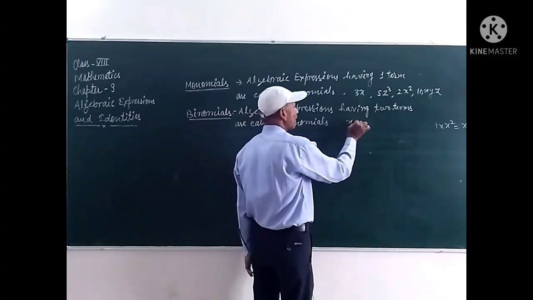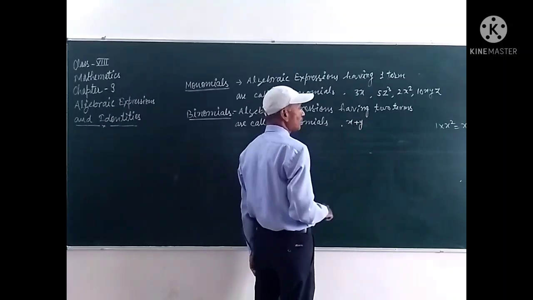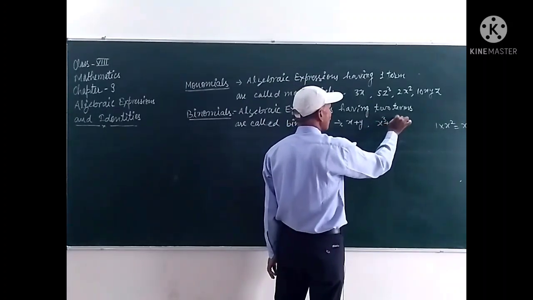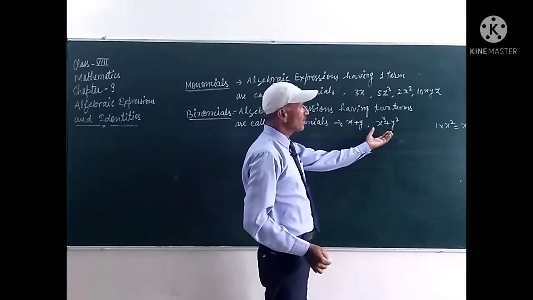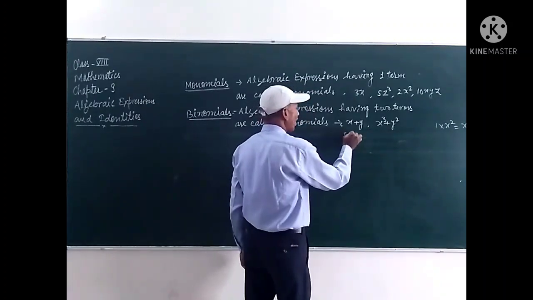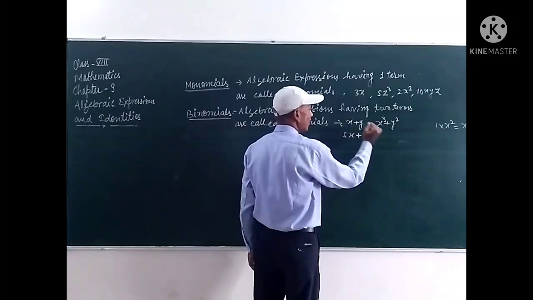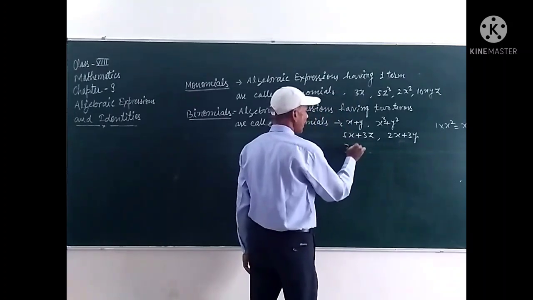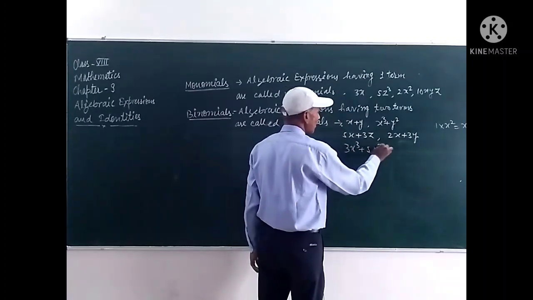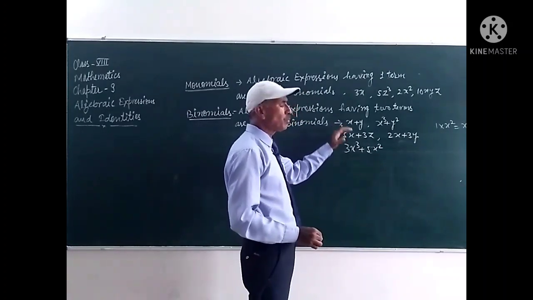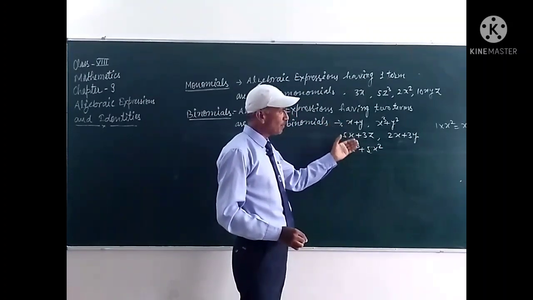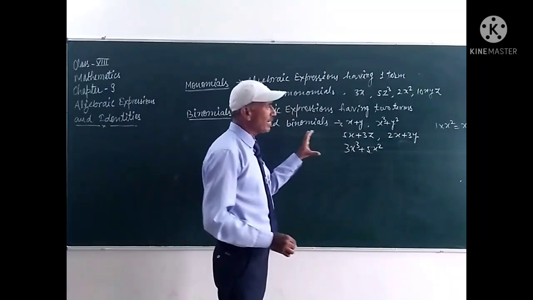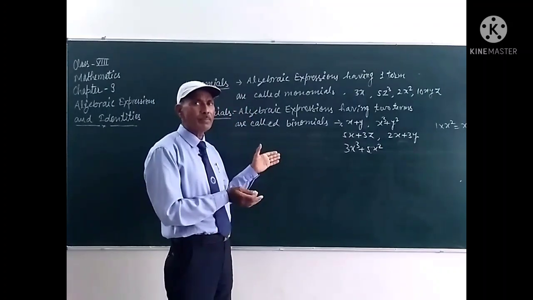Like x plus y, this one is a binomial, student. x cube plus y square, having two terms, therefore it is a binomial. 5x plus 3z, 2x plus 3y, 3x cube plus 5x square. These all have two terms. So algebraic expressions having two terms are called binomials.